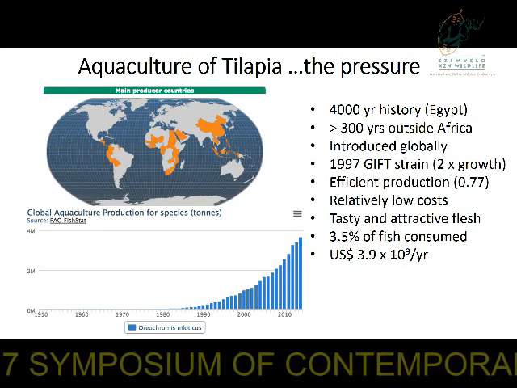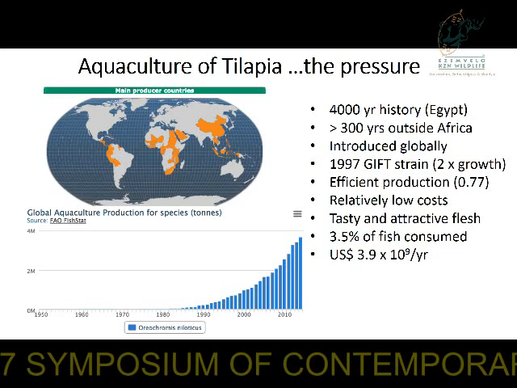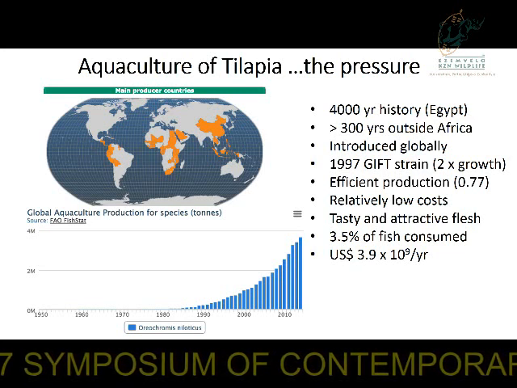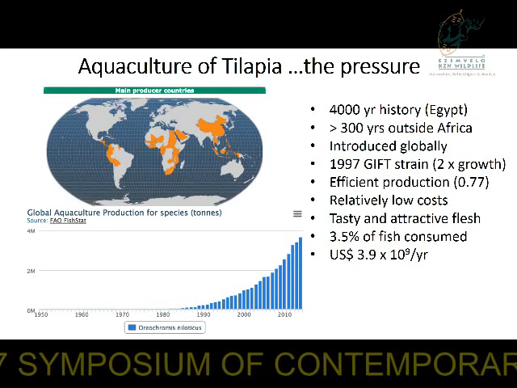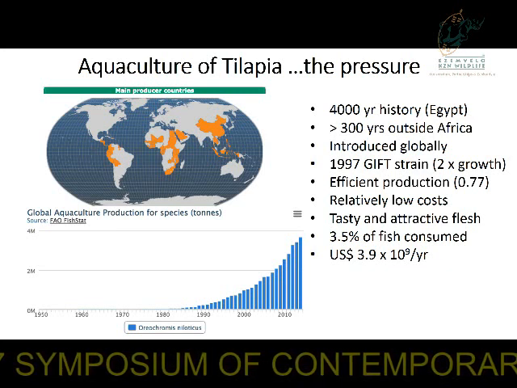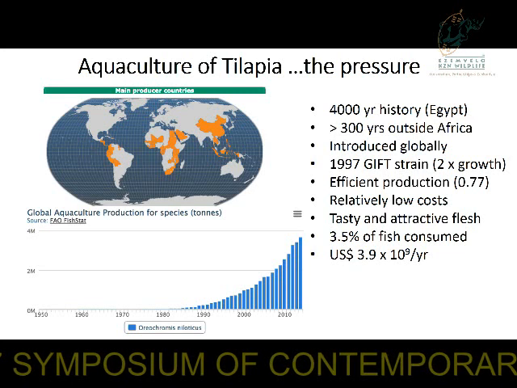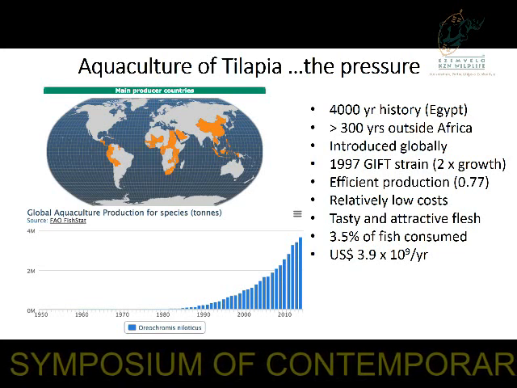And this strain of Nile tilapia has twice the growth rate. And Nile tilapia is already starting from a higher growth rate than most other indigenous or most other species of Oreochromis. And so this is the only viable fish for farming economically.